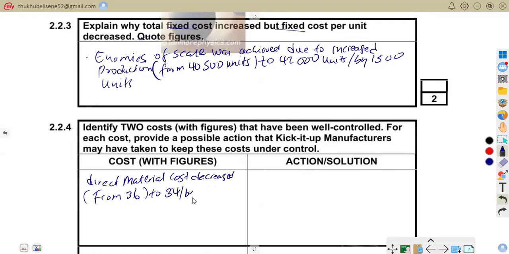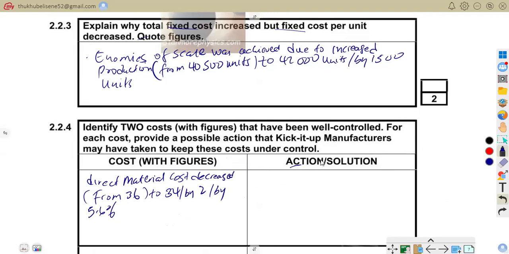We have said that is by 2 rand, which is 5.6%.